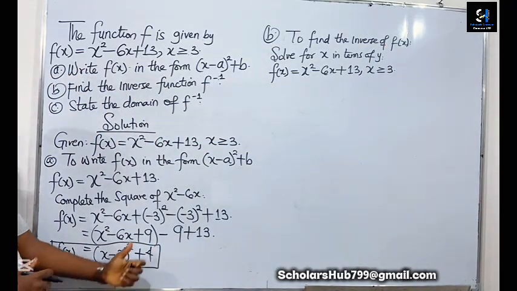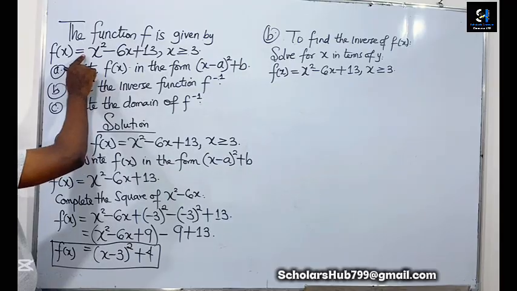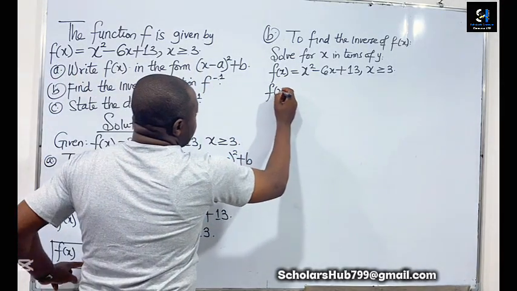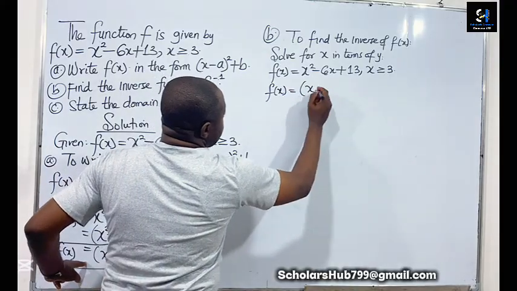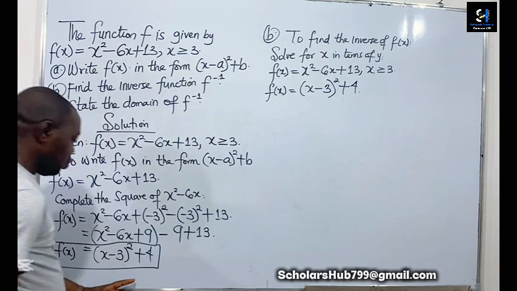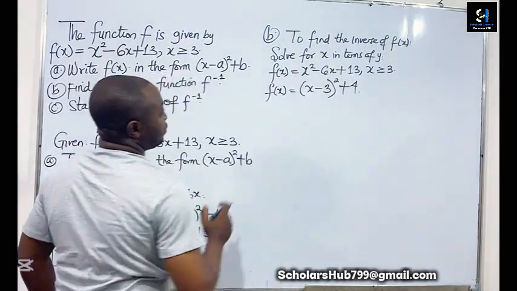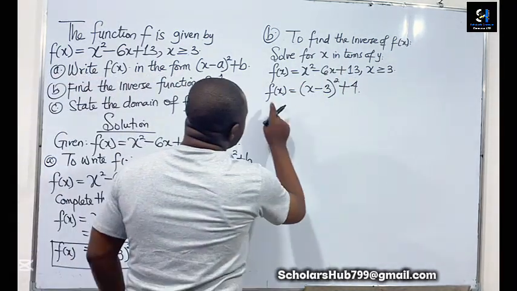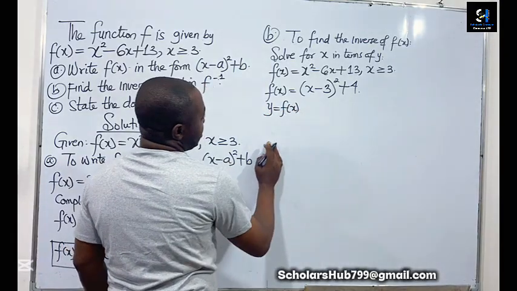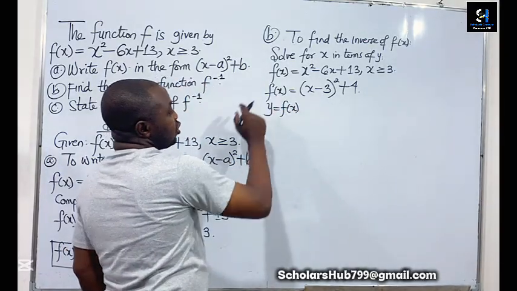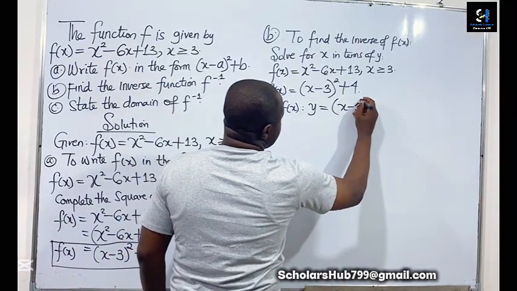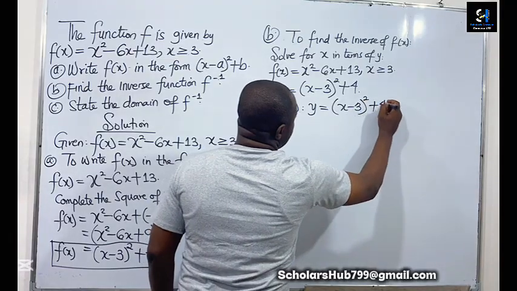The same function in vertex form is f of x equals (x minus 3) raised to the power of 2 plus 4. So it's the same function. Let's also recall that y equals f of x, so I can change f of x to y, so that y equals (x minus 3) raised to the power of 2 plus 4.